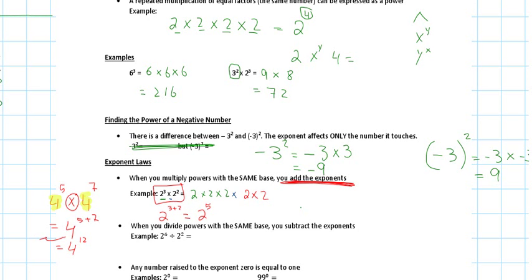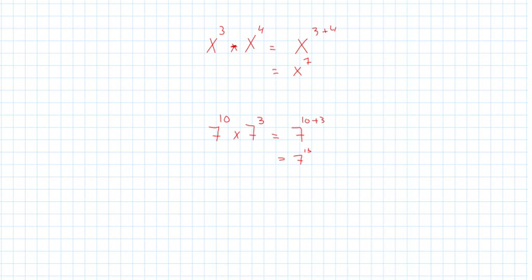It's 2 times 2 times 2 times 2 times 2. That's the only reason this worked. It's because it's the same number that's being multiplied. Okay? A to the power of 3 times B to the power of 4.